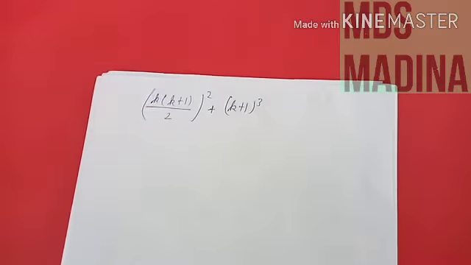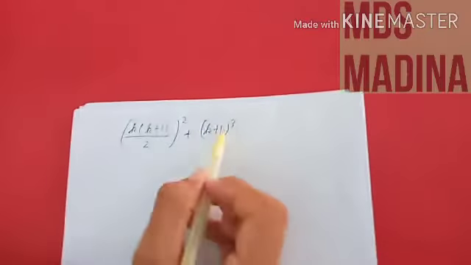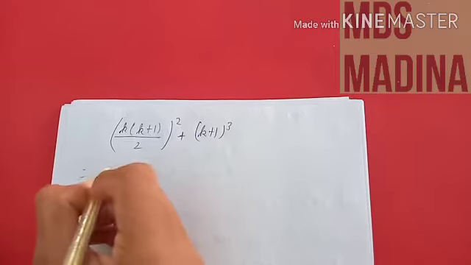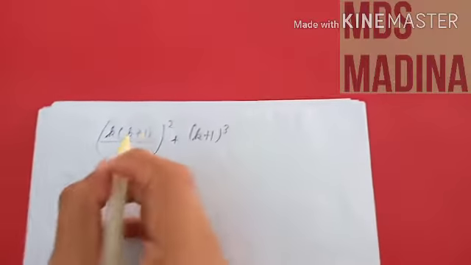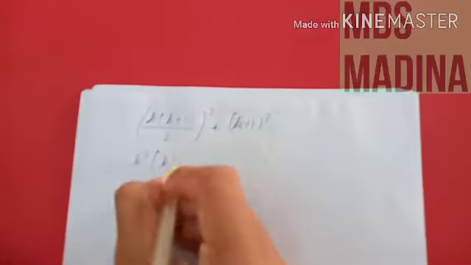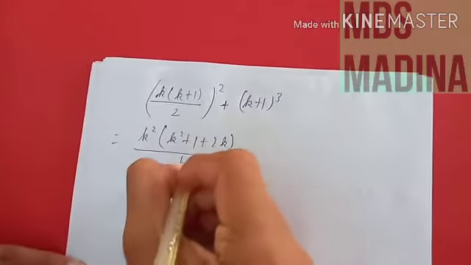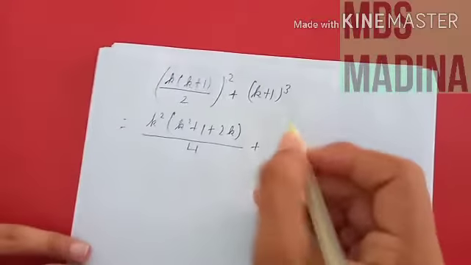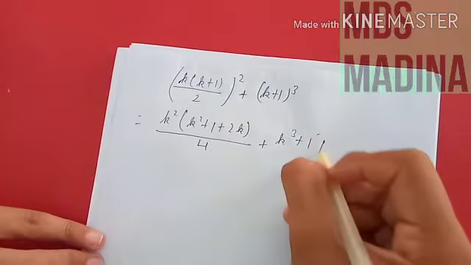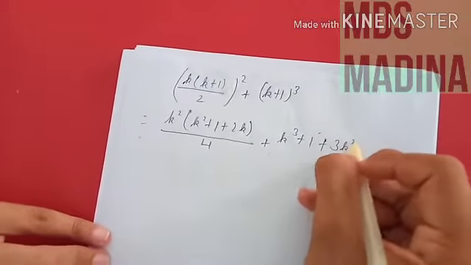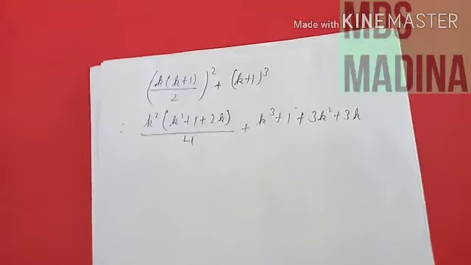Now we will solve it. First of all we will open its square and its cube. So this will be k square into k square plus 1 plus 2k divided by 4, and here k cube plus 1 cube 1 plus 3k square plus 3k.